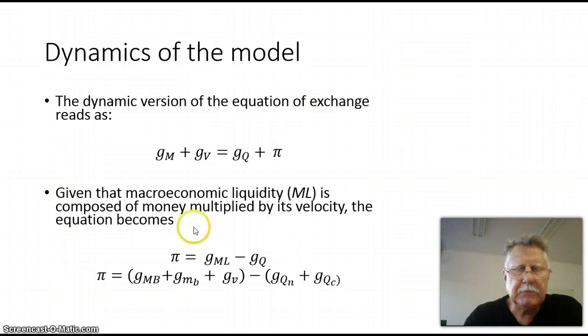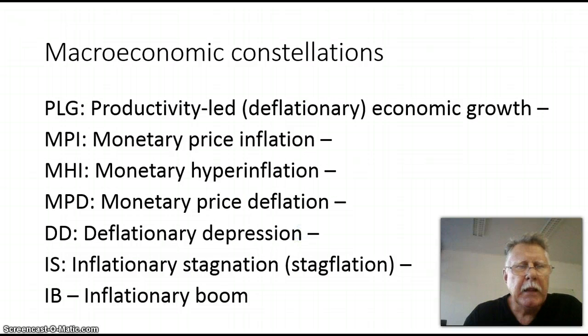And we can have some transformation, and we isolate the price level, which is, or P is a change, and we have here our vertical axis, and here the components that make up the good side of the model in its details. Now we can use this model, and this is the innovation, for some macroeconomic constellations.